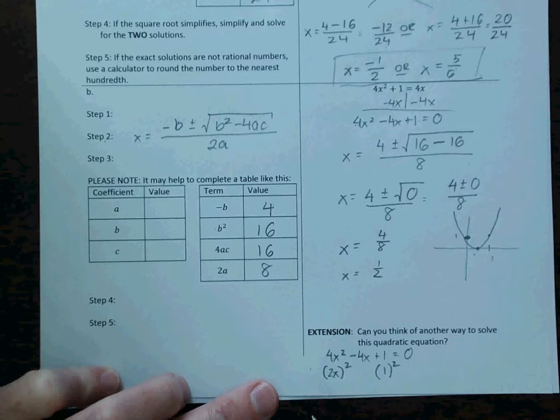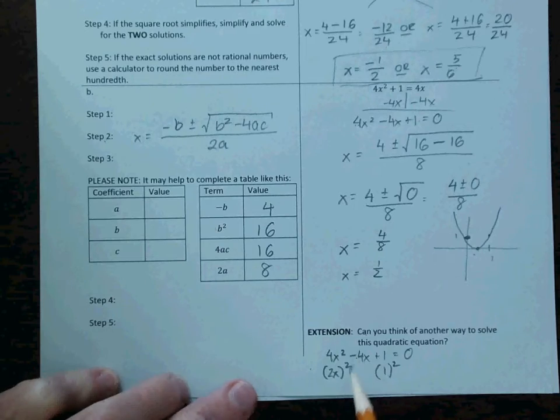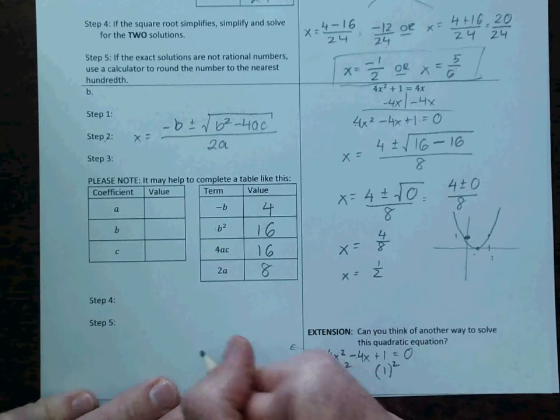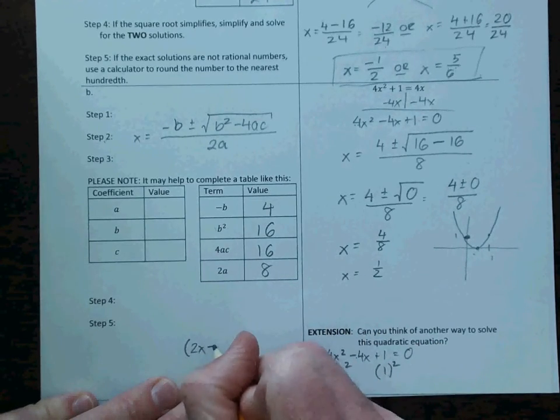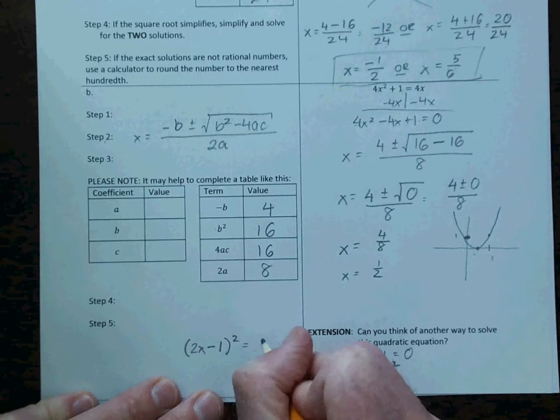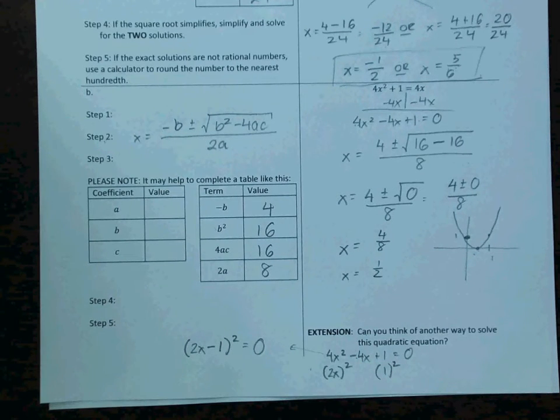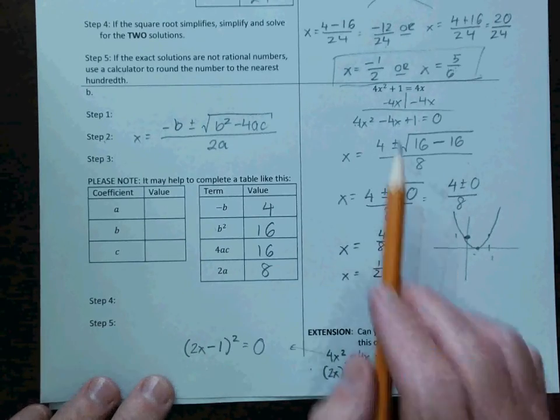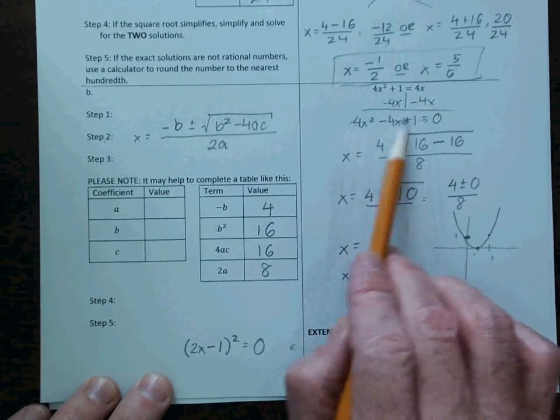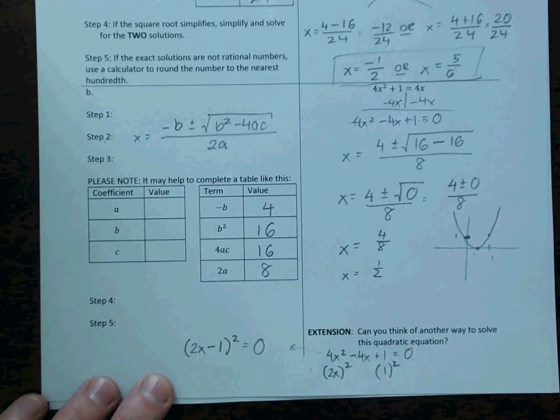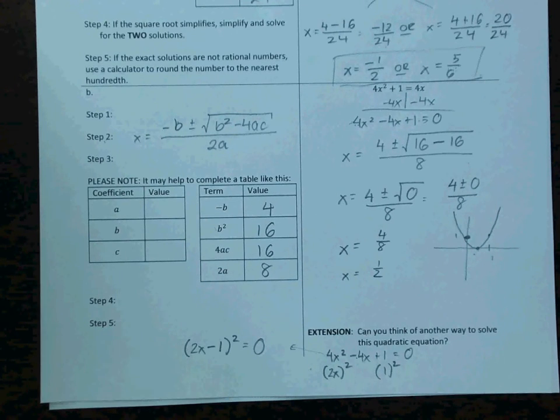And the middle term is 2 times 2x times 1. So this actually factors as 2x minus 1 quantity squared equals 0. And now you could solve this using square roots, because this was a perfect square trinomial. So that takes us through both of these examples.